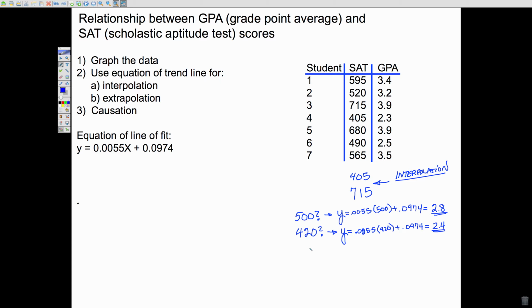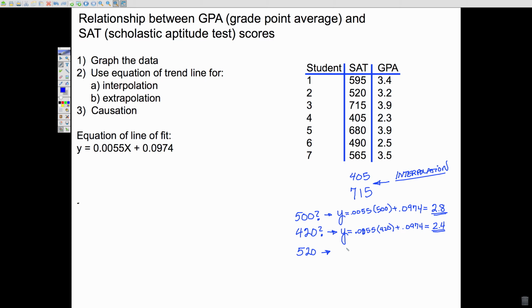Now I'd like to do one more thing. I'd like to use the equation of the line of fit on a number that we already have in the table. So let's use the number 520 for SAT score, and let's see what our equation of the line of fit predicts.